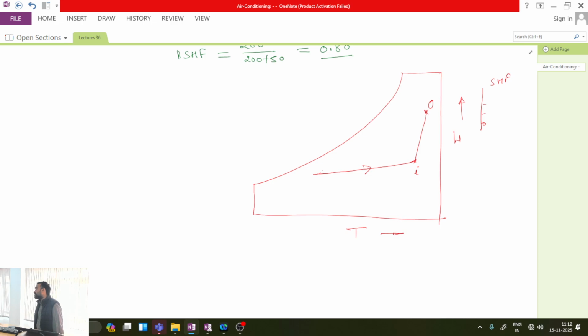The apparatus dew point temperature is decided by the grand sensible heat factor line. Is this one clear? The grand sensible heat factor line. But for knowing the grand sensible heat factor line, I must know the value of which point?